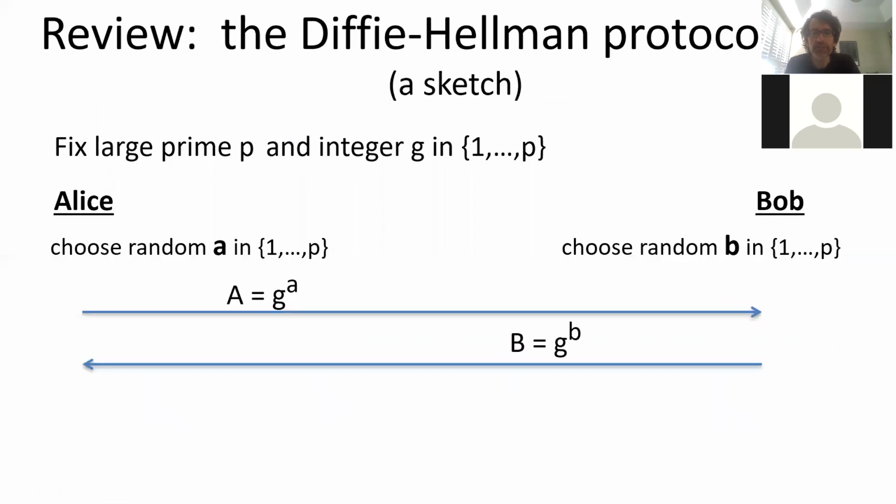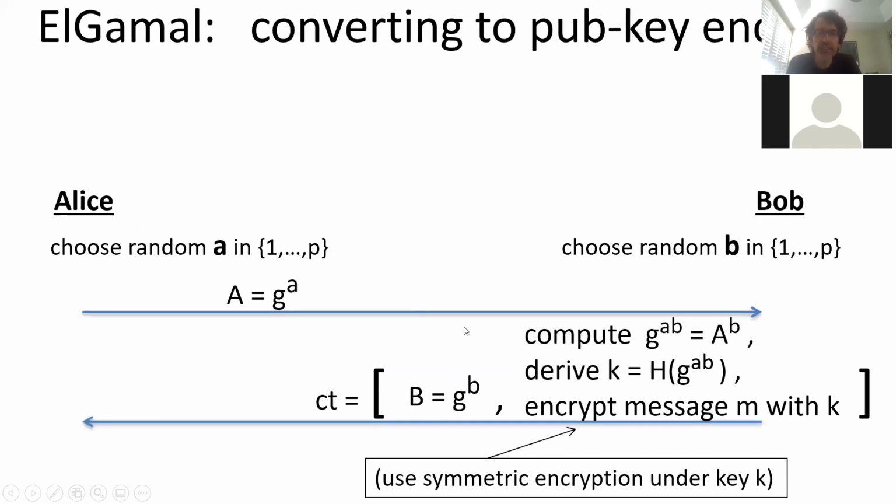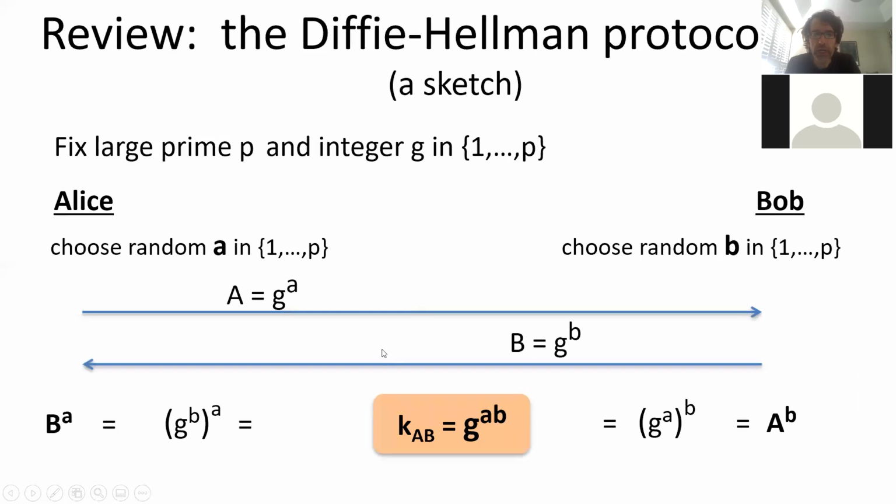So let's look at Diffie-Hellman and argue that basically it creates a public key encryption. So that's the view of the Diffie-Hellman again. Alice sent her contribution, and I'm going to call this a public key.